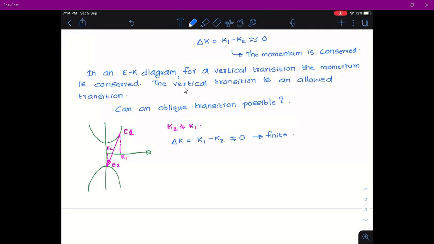So is this transition possible? It is possible. But to make it possible, because of the transition, some kind of light or some kind of energy will obviously be dissipated. It will be a photon or some kind of energy.